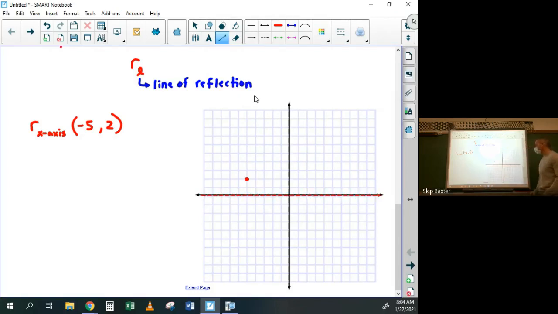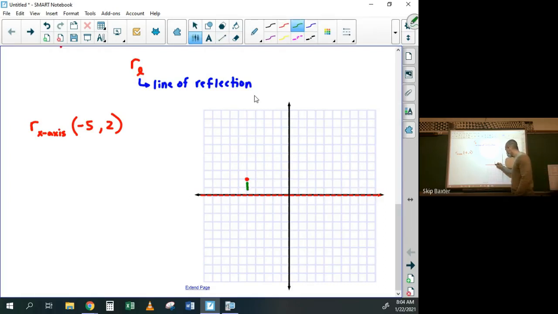So there's the line that we're reflecting over. So all you're going to do in any line reflection is go directly to the line of reflection perpendicularly, and then across it the same number of units. That's it. So like in this example, if it takes 2 squares to get to the line of reflection, then you're just going to go 2 squares on the other side of the line of reflection. Okay, so the image would be right there. And the coordinates at that point are -5, -2.